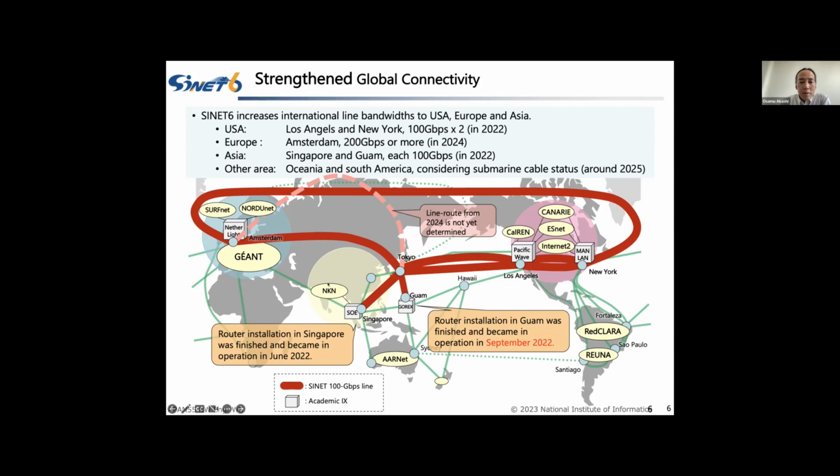At the previous APAN meeting, I reported that the router installation in Singapore was finished, but in September 2022, the remaining router installation in Guam was finished and became operational. So we finished all the installation of the routers in the world.